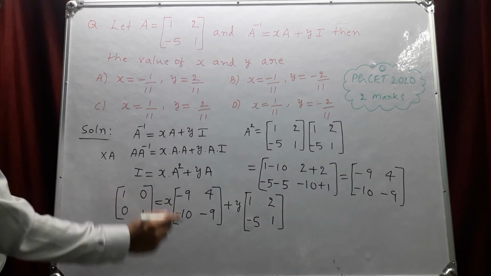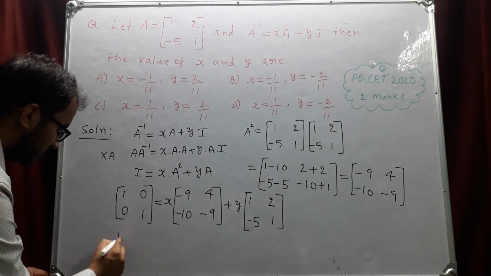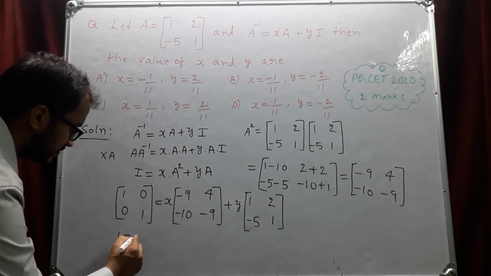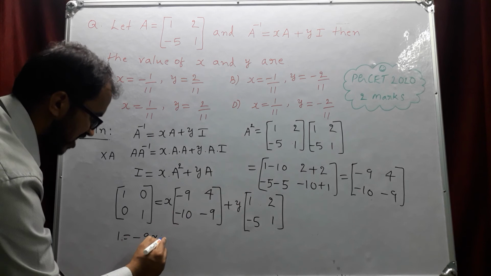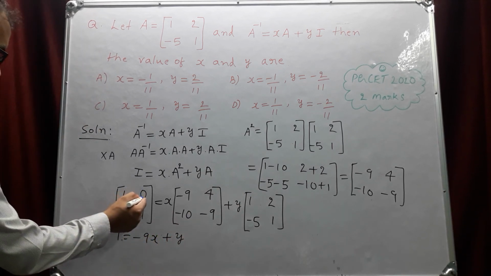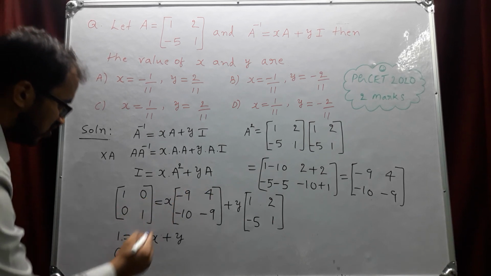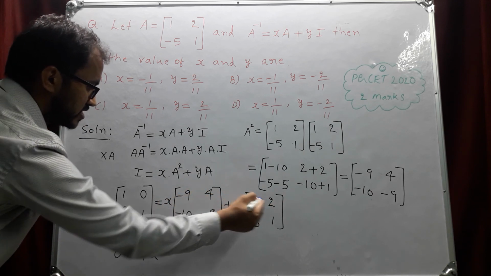So equating the corresponding elements, we can write, first element, 1 is equals to minus 9x plus y. Again second element, 0 is equals to 4x plus 2y.